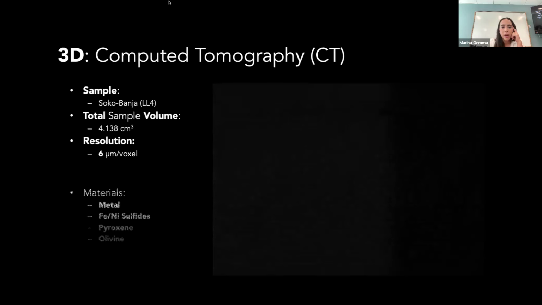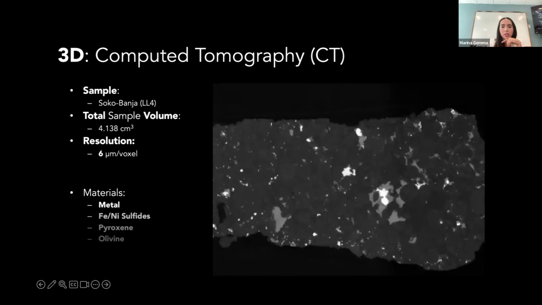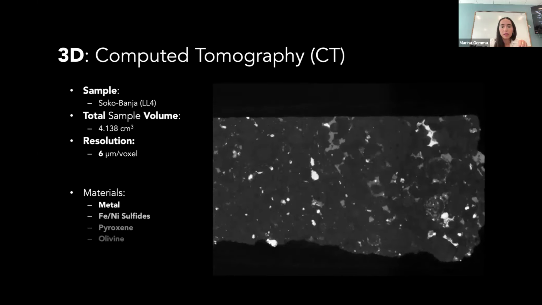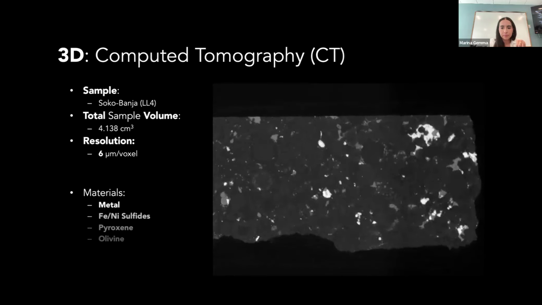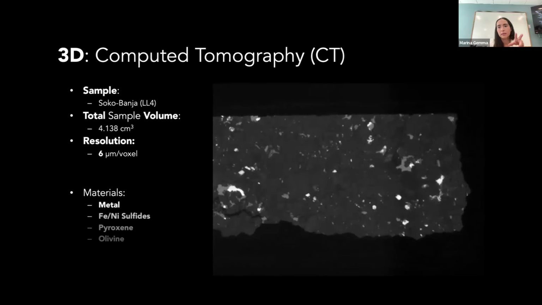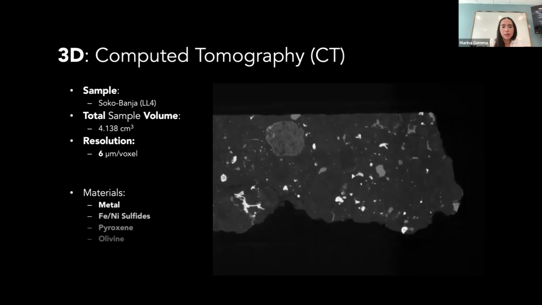And CT essentially maps densities. So the really bright regions that you're seeing are the metal in these undifferentiated meteorites. And as the material gets darker, that means it's less dense, and so effectively has less metal, less of those heavy elements.